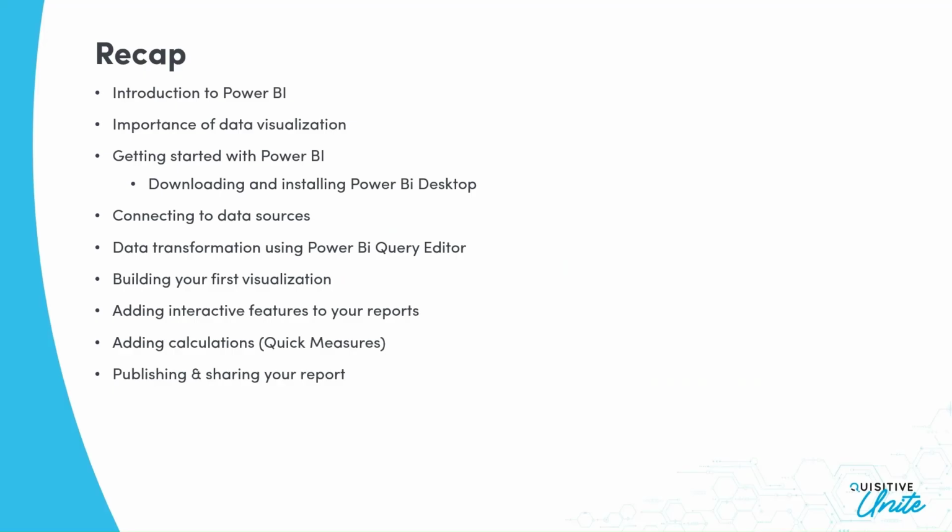So, to recap, today we had an introduction to Power BI. We saw the parts that make up the Power BI offering from Microsoft. We looked at a few reasons why we should visualize our data. We saw how to go about downloading and installing Power BI desktop. We built our first report. We connected to an Excel, a CSV data file. We did a bit of transformation.